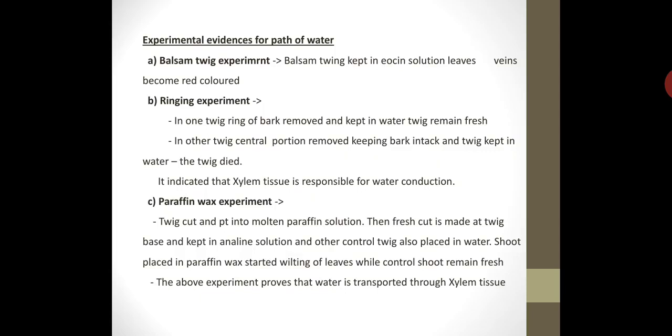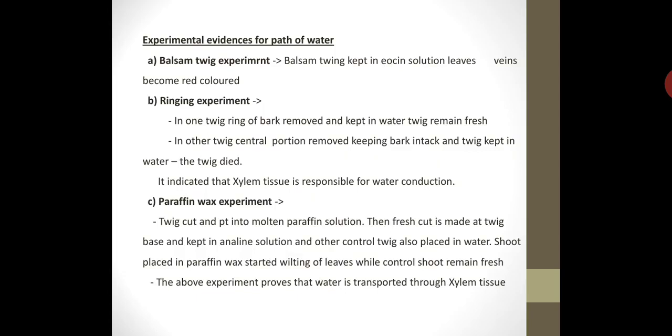It means when the twig was put into molten paraffin wax, what happened? The liquid paraffin was absorbed by the xylem tissue, and due to absorption, the xylem tissue was blocked. The central lumen of xylem was blocked because of paraffin, and that paraffin later gets solidified. When we again make a transverse cut and put such a twig into the water, due to the blockage of xylem tissue, that twig would not absorb water, so the leaves of such a twig get wilted.